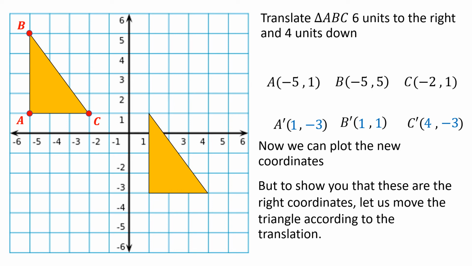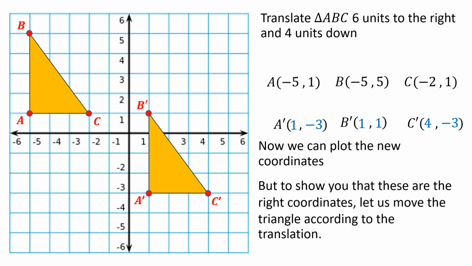Now, since this is the image of the first triangle, corresponding points will be named after its corresponding point, but you have to write the prime. So instead of writing point A, we will write point A prime, point B prime, and point C prime. This is to indicate that this triangle is the image of triangle ABC.